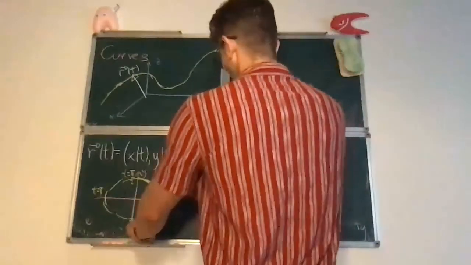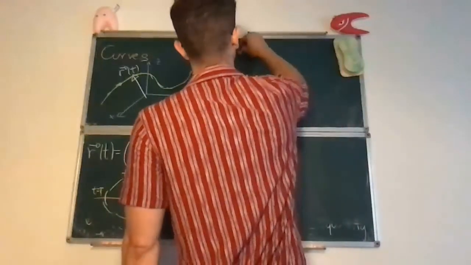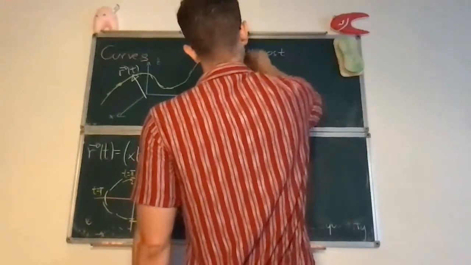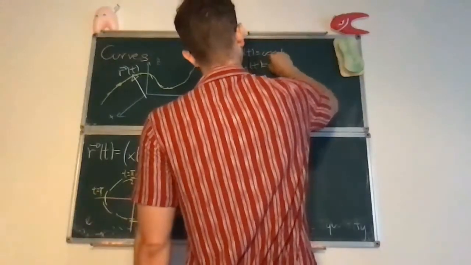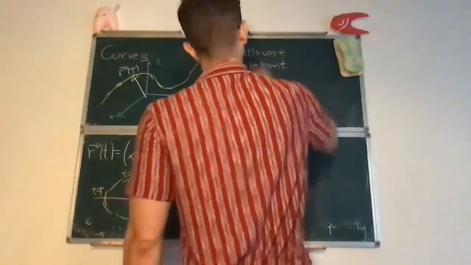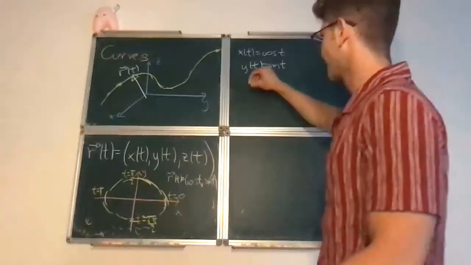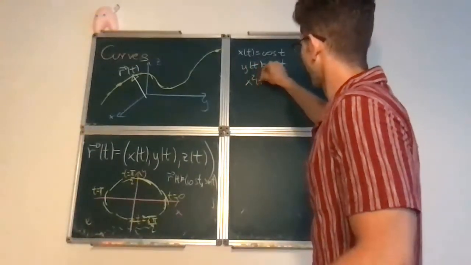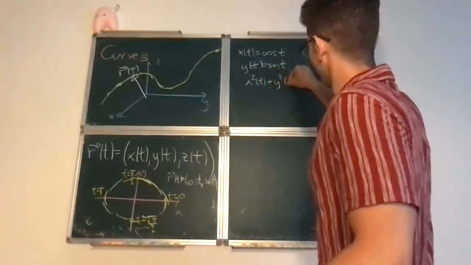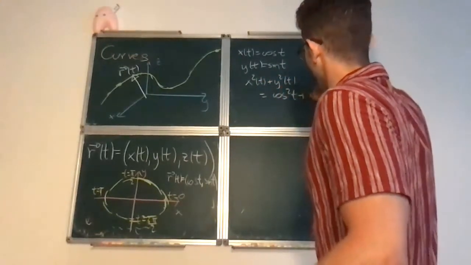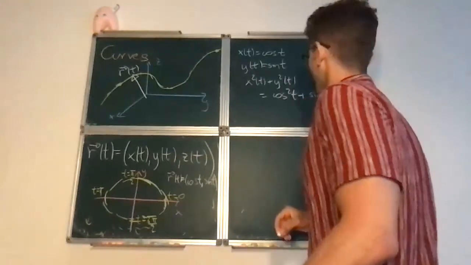Why? Because in this case, x of t is cosine of t, y of t is sine of t. Okay? And so x squared plus y squared is cosine squared of t plus sine squared of t, which is just 1.